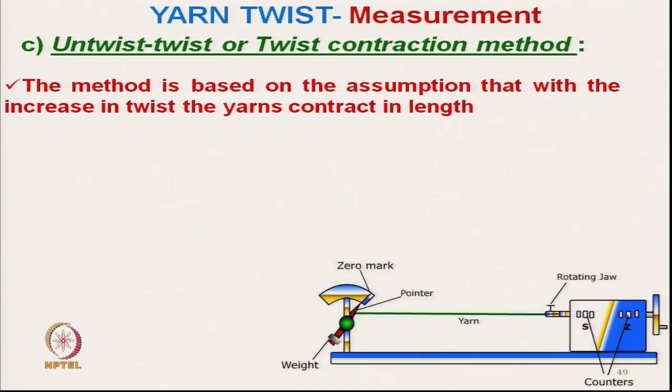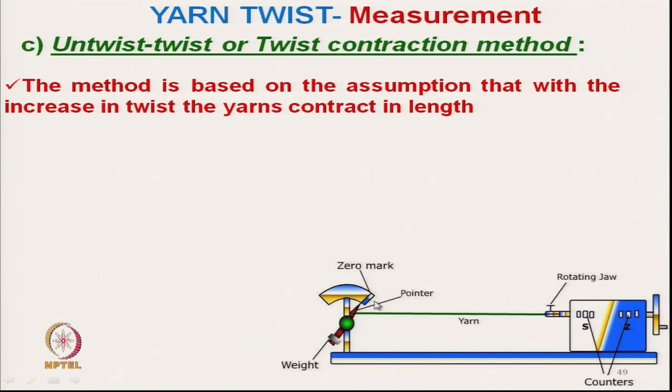Now, what happens if we start untwisting the yarn, then the yarn gets extended, the pointer will be vertical, and it will never go in the other direction, because the yarn is slack.